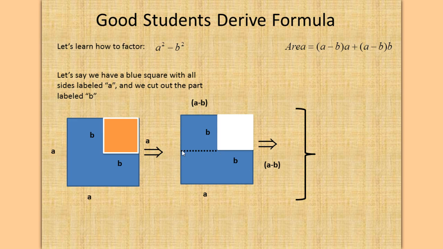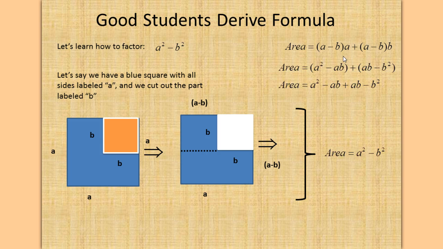The rectangle on the bottom has a right side of a minus b and a bottom of a, so its area is a minus b times a. So the area is a minus b times a plus a minus b times b. That's the total area of the blue that remains after we cut out the brown with the b.